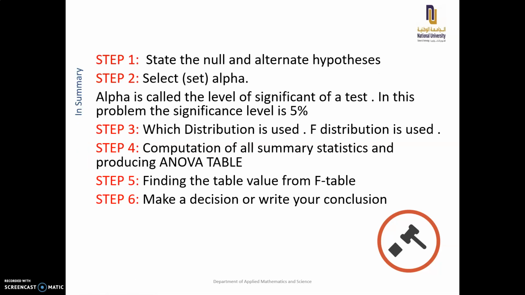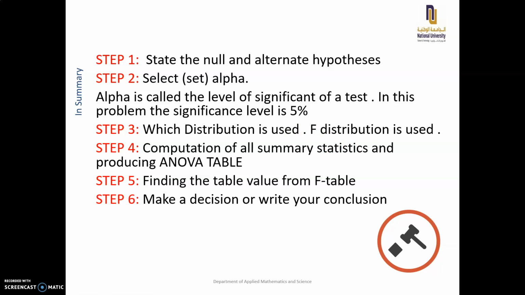So in general, what we did in ANOVA, as in hypothesis testing, we state the null and alternative hypothesis. We select the alpha. Most studies use 5%. We use the F distribution to compare the means between more than 2 groups. Then we compute the summary statistics, the sample mean, the sample variance.